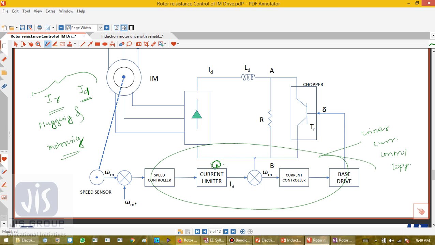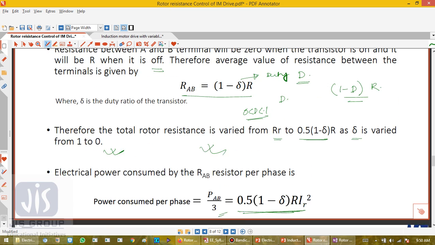Now compared to conventional rotor resistance control, static rotor resistance control has several advantages. Static resistance control means using that chopper circuit.